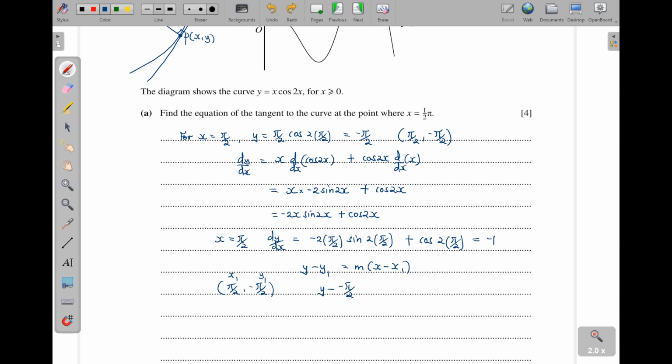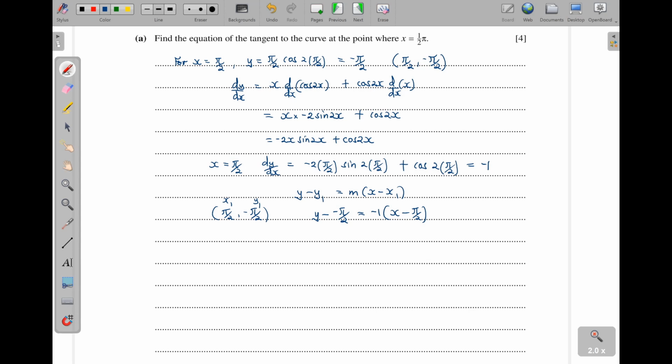Then this side, the m is the gradient, -1, then into x minus x1, which is pi over 2. So when we open up the brackets, first of all, this is y plus pi over 2. Open the brackets here, you will have -x, then plus pi over 2. So this pi over 2 and this one, they will disappear. So meaning y is equal to -x is the equation of the tangent.